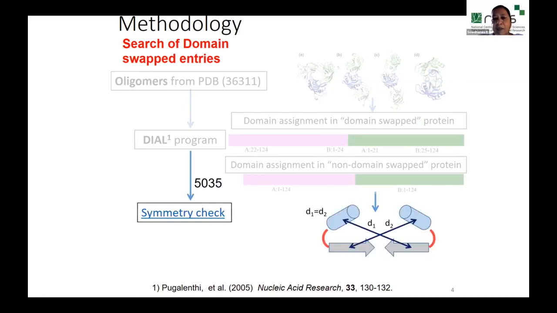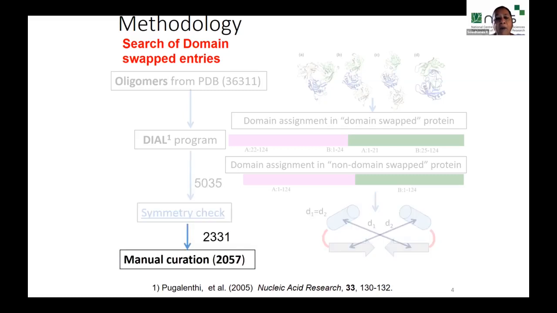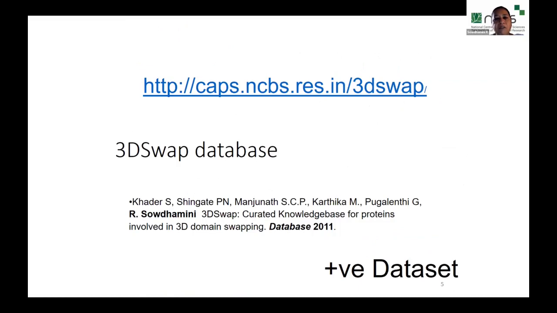So we applied a symmetry check, because whatever is being lent to one chain, the same is being given by the other chain as well. And we also consulted the literature to see what the crystallographers were saying when they were reporting such structures. Altogether, this gave rise to what is called a positive data set.